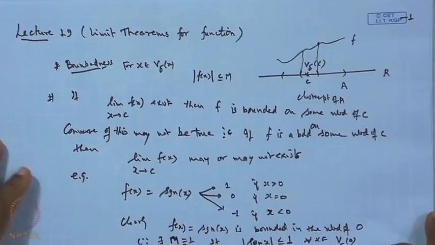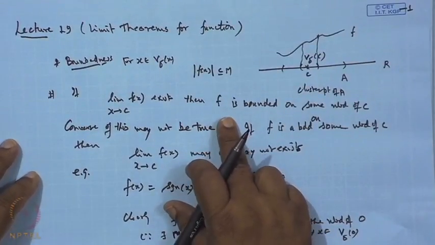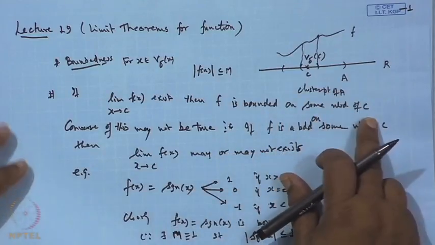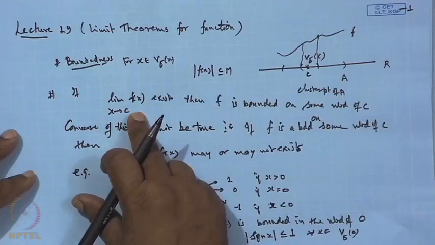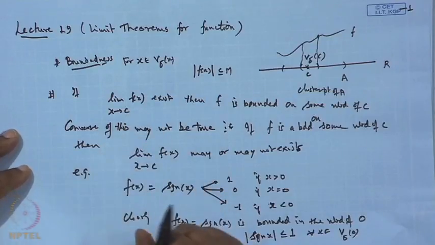However, if the function is unbounded in some neighborhood of the point C, then obviously the function will not have a limit at that point. When the limit does not exist, there are two possibilities. Either the function is not defined at the point where the limit is required, meaning the function goes to infinity or minus infinity when x approaches C, or at the point C the function does not have a finite value.